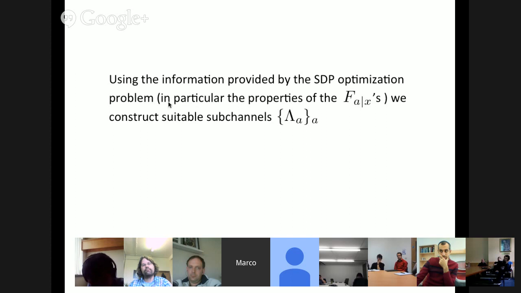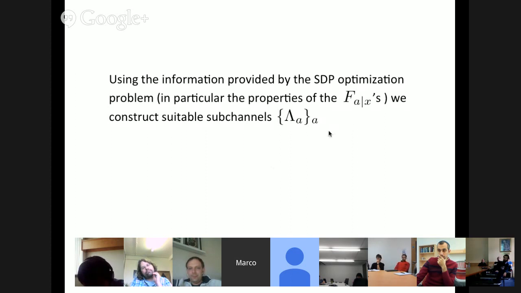So now what we do is we use the SDP optimization problem to construct our subchannels. Remember, we started with some state that we assume to be steerable. Alice performs some measurements, and as a result, we have a steerable assemblage.